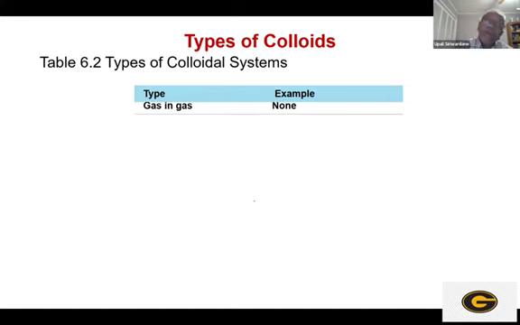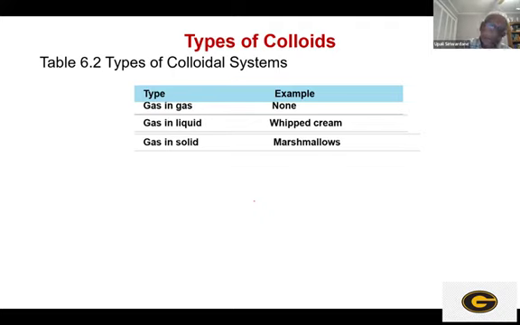Therefore, there are no examples of homogeneous mixtures of gas in a gas that behave as a colloid. Gas in a liquid is called whipped cream. If you have a liquid, you stir it up to mix in gas. That's how you make whipped cream. Whipped cream is opaque.